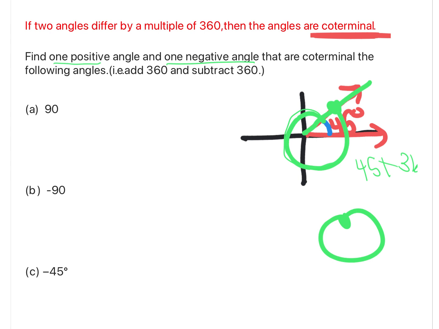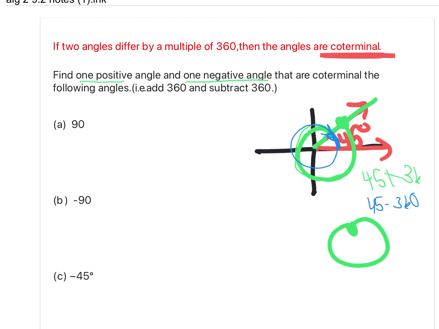If I had gone all the way around the circle the other direction, that would mean I would be subtracting 360 degrees because I'm going in the opposite direction. So when we want to find coterminal angles, positive and negative, we're either adding or subtracting 360 degrees. We are turning one full circle all the way around.